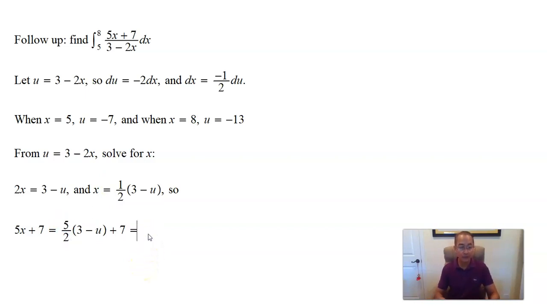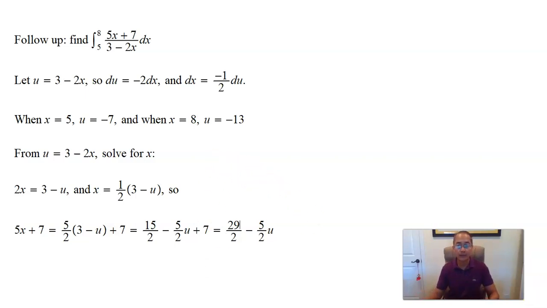So if you distribute that, we will get 15 over 2, and then we will subtract 5 over 2 u, and then plus 7. So let's see, that's 14 plus 15 is 29. 29 over 2 minus 5 over 2 u.